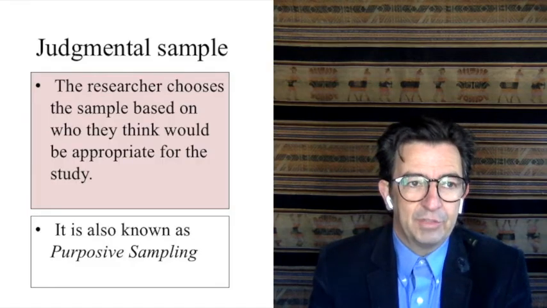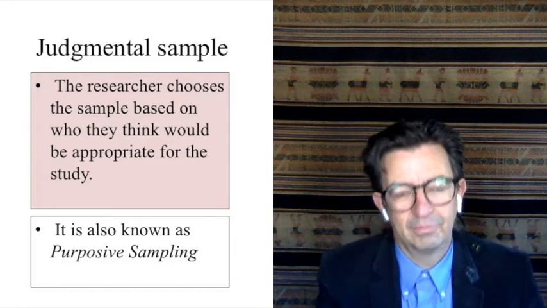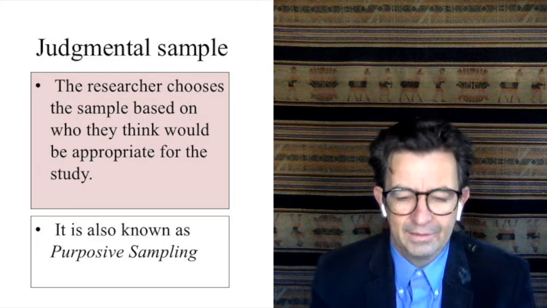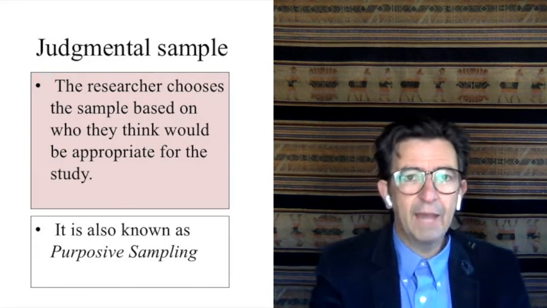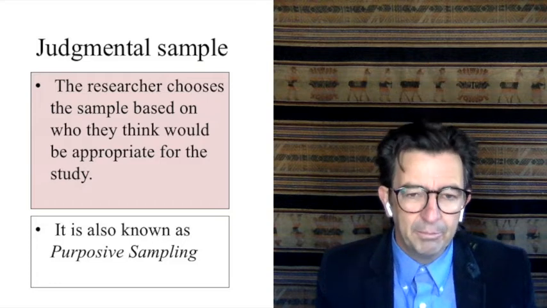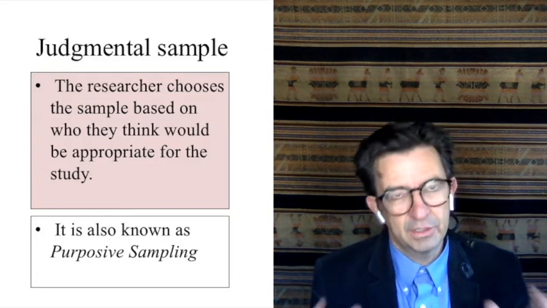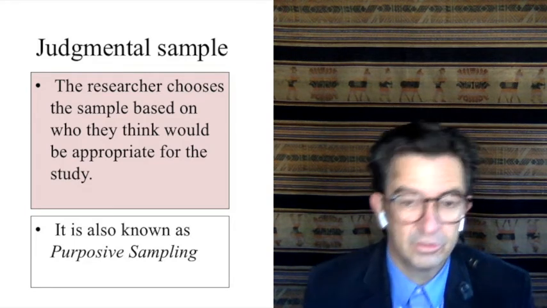Now let's look at another type of non-probability sampling called judgmental sample. In this type of sampling, the researcher chooses, right, who they're going to survey. This is also known as purposive sampling. This type of sampling is used when there is a limited number of subjects that have, let's say, special knowledge of the subject being researched.